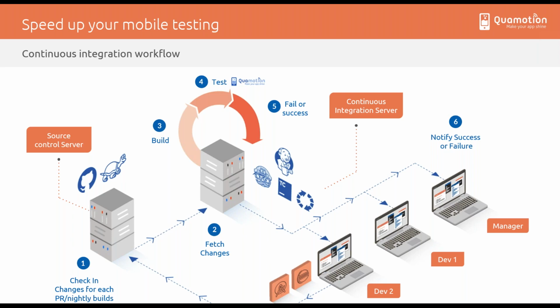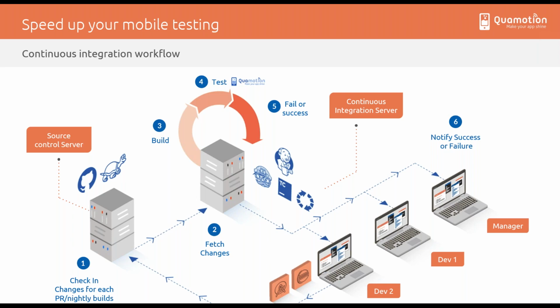When they are finished building a feature, they just do a PR, a pull request, so that we have a source control server, such as GitHub, that will check in for changes for each PR. Then the CI server, such as Jenkins, Bamboo, or here Bitrise with the demo, will fetch the changes of the code.